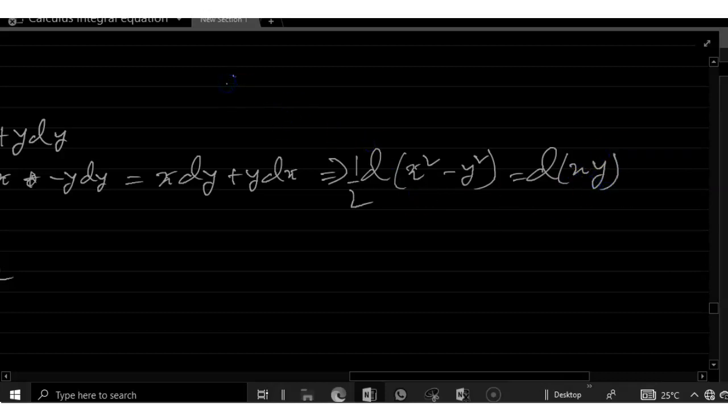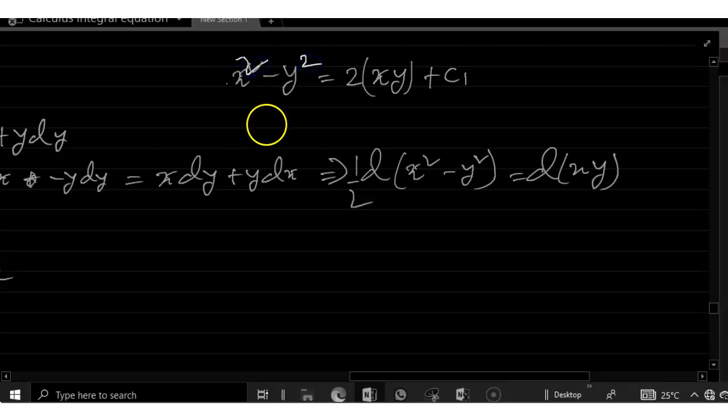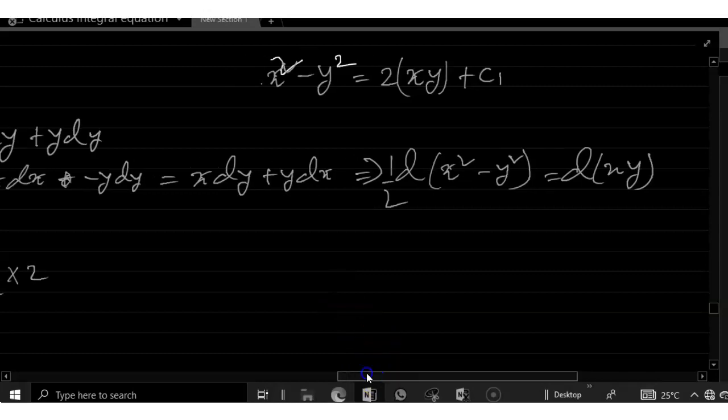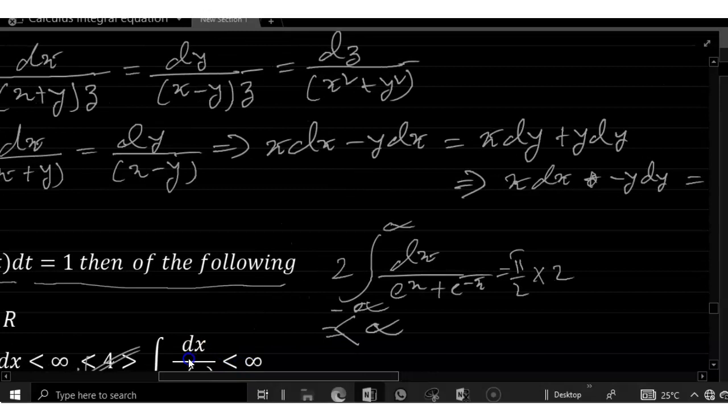So x squared minus y squared is equal to 2xy plus c1.